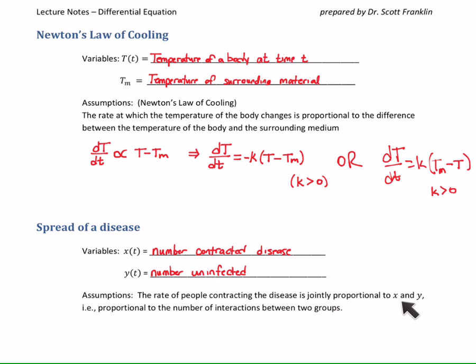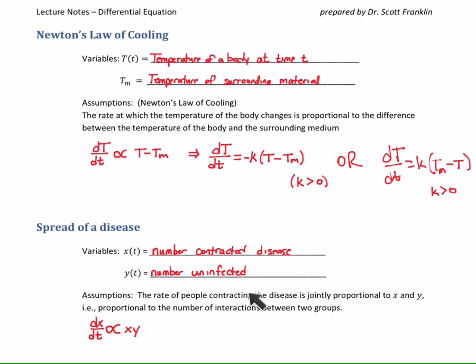It's proportional to the product of X and Y. So dX/dt, which is the rate of people contracting the disease, would be proportional to XY. That's what jointly proportional means, it's proportional to the product.